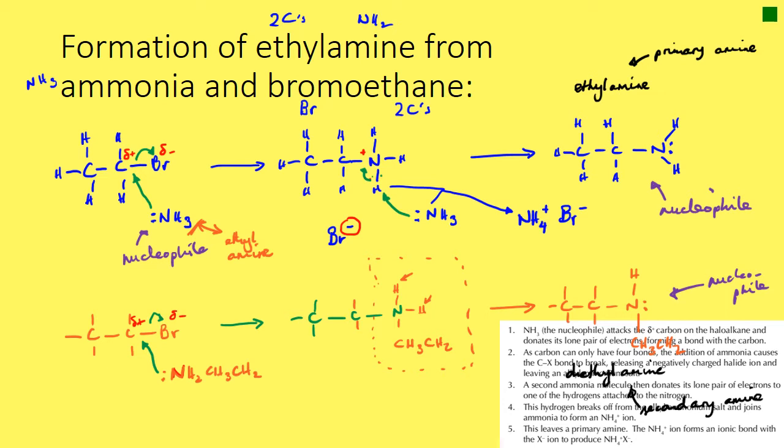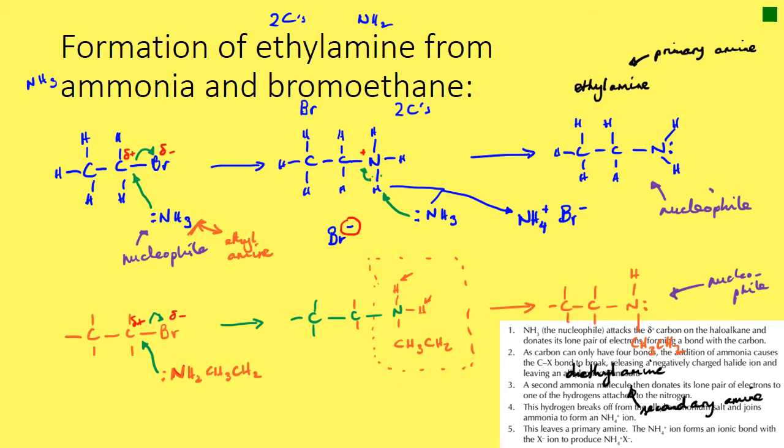And so what we get is NH4 plus, because these have joined together to make that NH4 plus. So now you have an NH4 plus and a bromide ion, which form an ionic bond like that.